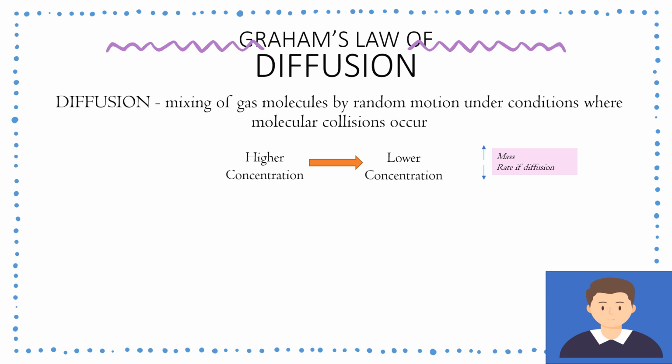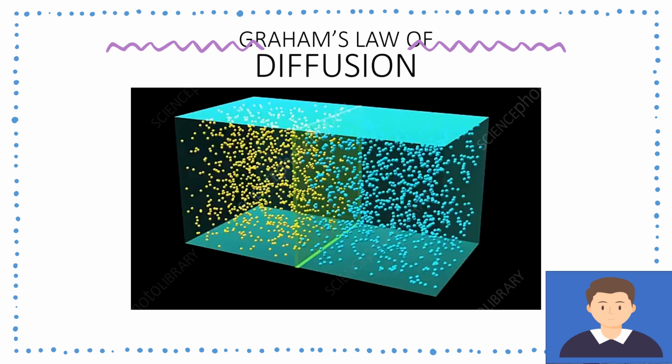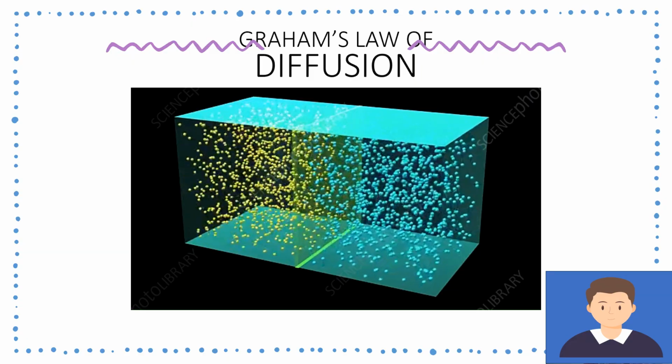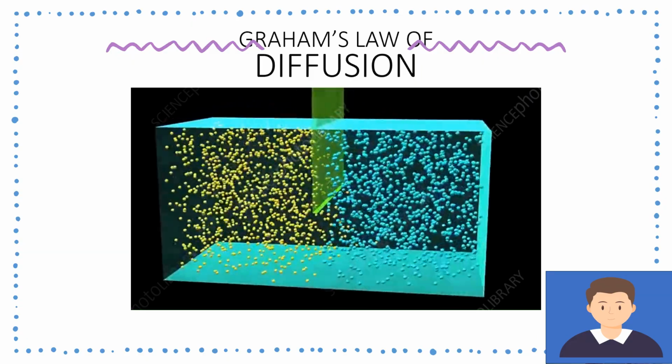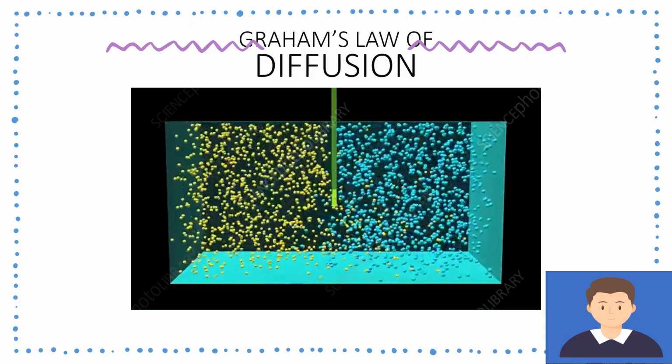Diffusion is the mixing of gas molecules by random motion under conditions where molecular collisions occur. So it is from higher concentration to lower concentration. For better visualization of what Graham's law of diffusion is, we have here a GIF. As you can see, we have two different gases here.